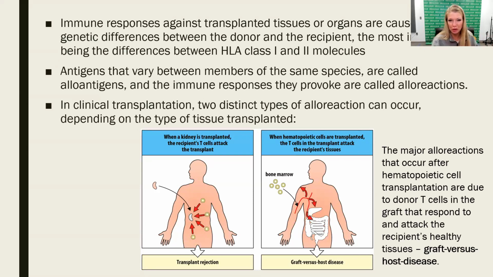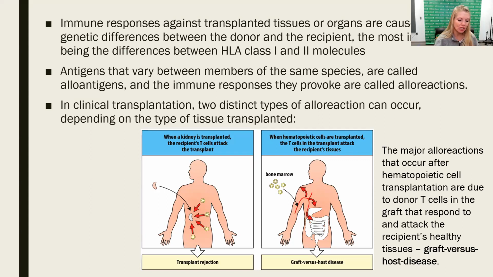We just use the term in different contexts. So when we talk about antigen presenting cells and presenting and showing to T cells, we use the term MHC, major histocompatibility complex. Class 1, class 2. Those are also known as HLA, human leukocyte antigens. And it is the difference between these molecules that is recognized as non-self during any type of transplant.